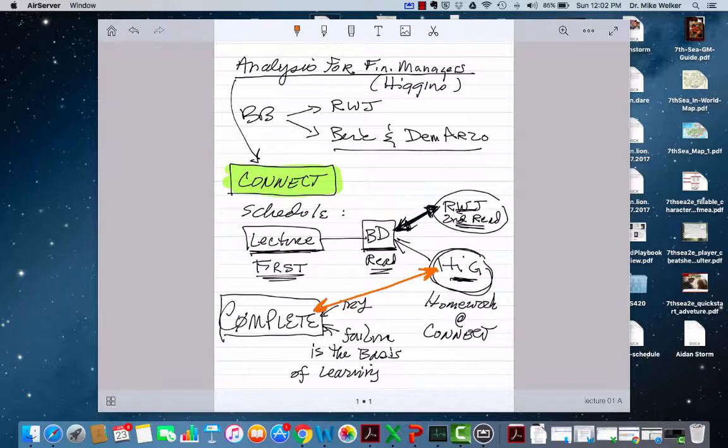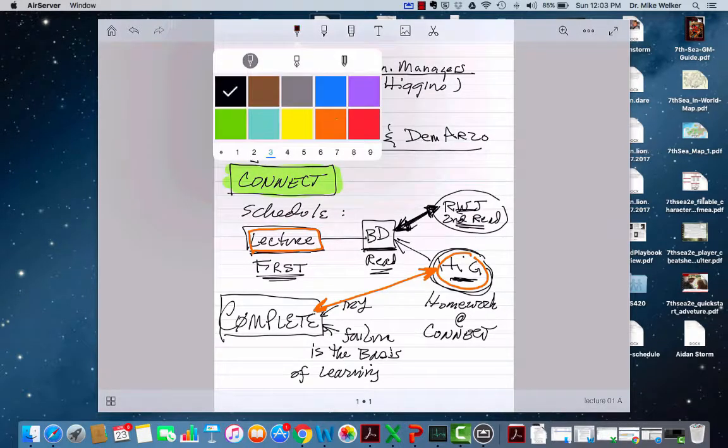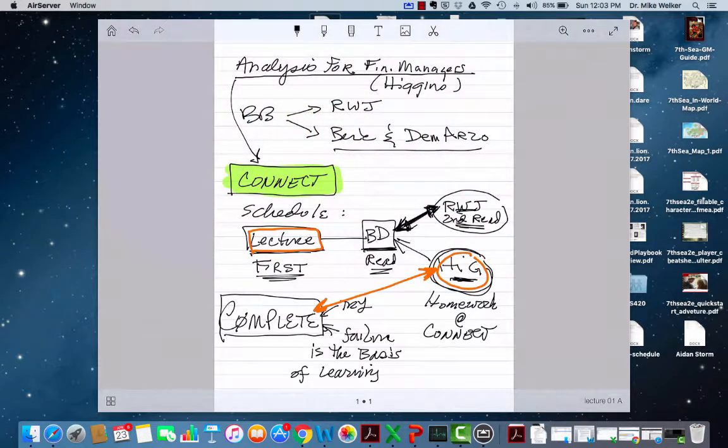If you wanted to, you could really just do my lectures and the Higgins book, and you'd probably get away with a fairly good overview of finance.